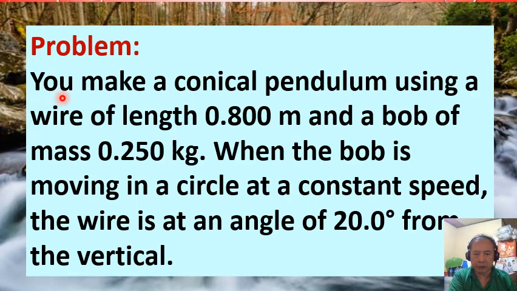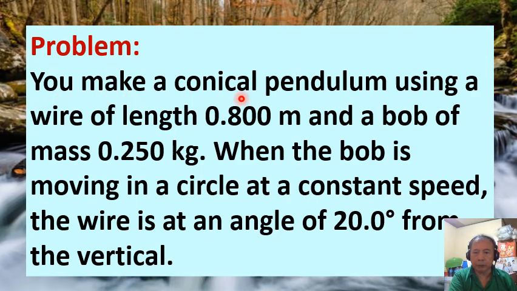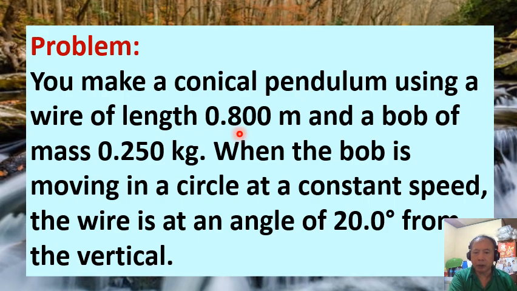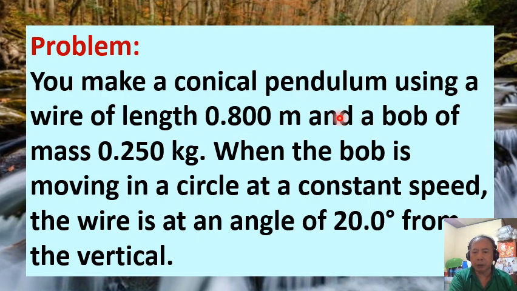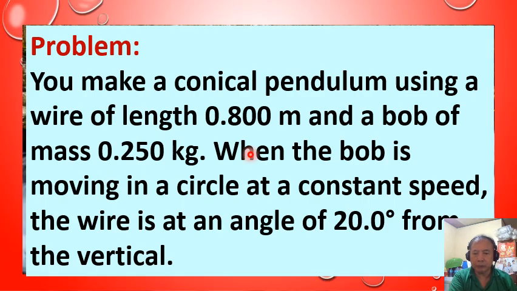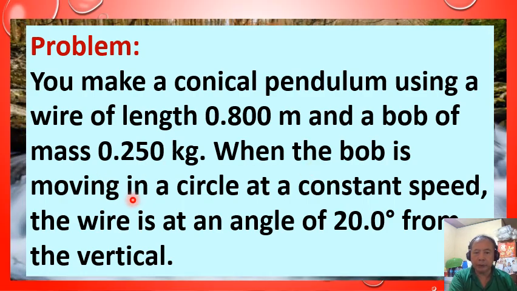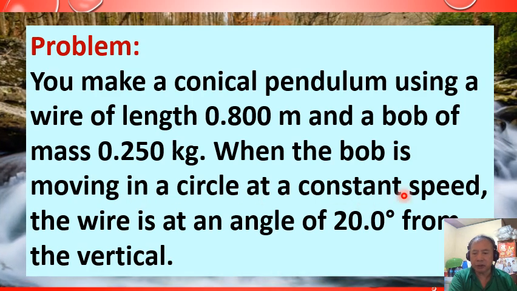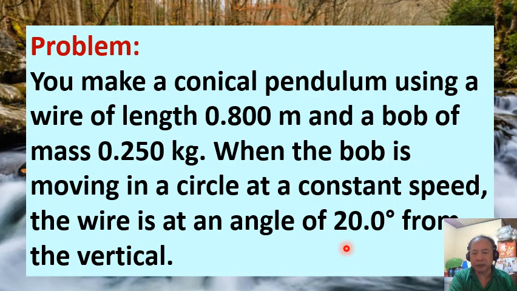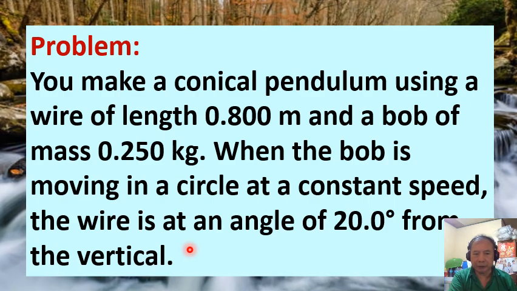The problem is you make a conical pendulum using a wire of length 0.800 meters and a bulb mass 0.250 kilogram. When the bulb is moving in a circle at constant speed, the wire is at an angle of 20.0 degrees from the vertical.